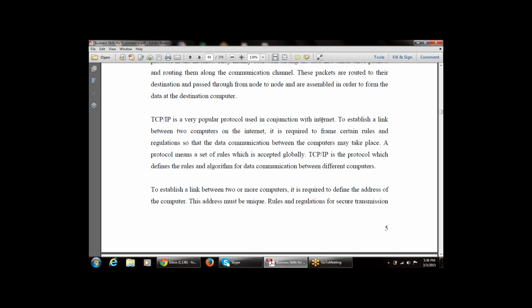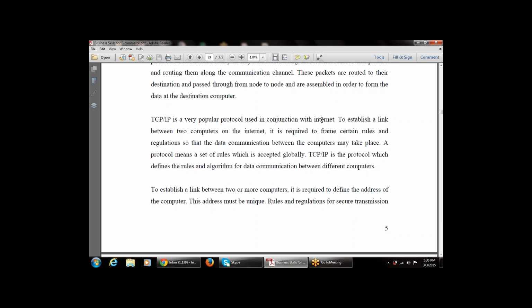The main advantage is that there is no congestion. Why? Because this divides the main data into multiple parts, and the data is sent packet by packet. If there is an error in one packet, the next packet is not sent. That is the main advantage.